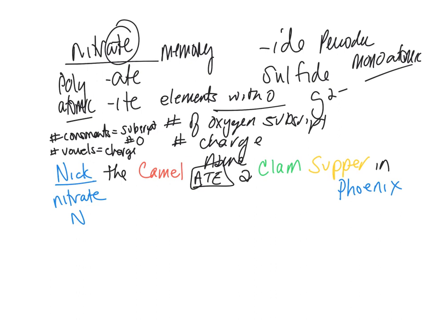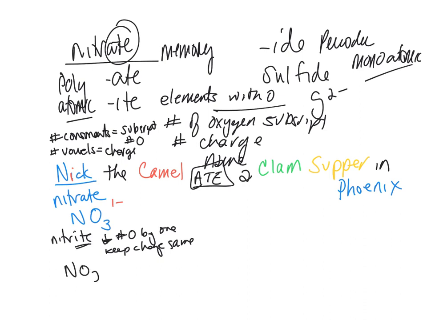So Nick has 3 consonants, and it has 1 vowel, so 1 minus, and that's nitrate. And then you need to know that nitrite, you decrease the number of oxygens by 1, and you keep the charge the same. And these are the ones you are responsible to memorize. So nitrite would be NO2 1 minus. Okay, camel is carbonate.